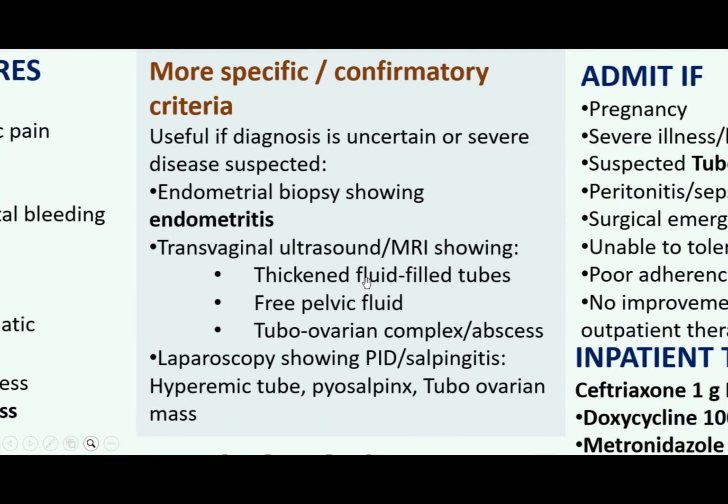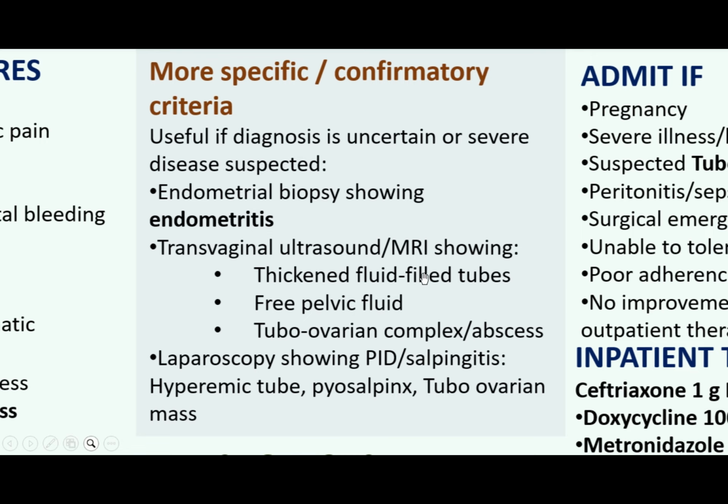So we have the more specific or the confirmatory criteria, and this one is useful if the diagnosis is uncertain or if there's severe disease. And one of the things we can do is an endometrial biopsy that will show endometritis. So that is inflammation of the inner pelvic lining. So that is endometritis. Then you can do a transvaginal ultrasound, and on the ultrasound you may see thickened fluid-filled tubes.